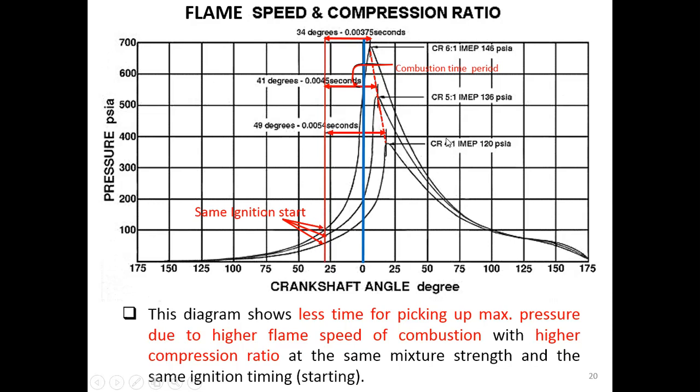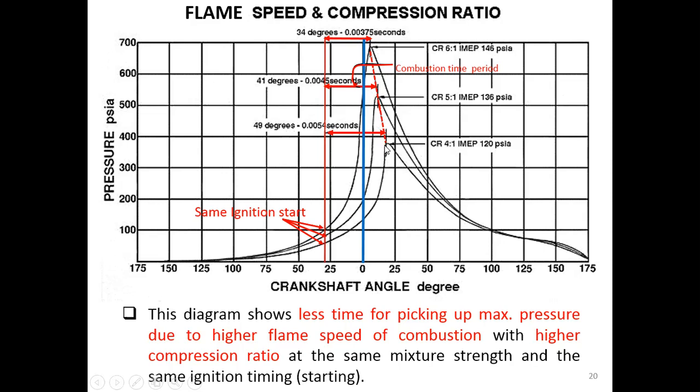But because of the different compression ratio shown here, the peak pressure location is different. For higher compression ratio, you can see that the peak pressure happens very close to the top dead center. For the lower one, it moves away from the top dead center, as you see here, further away.